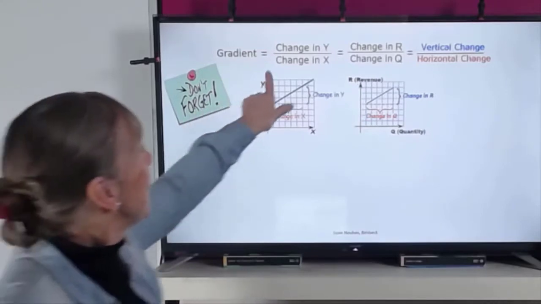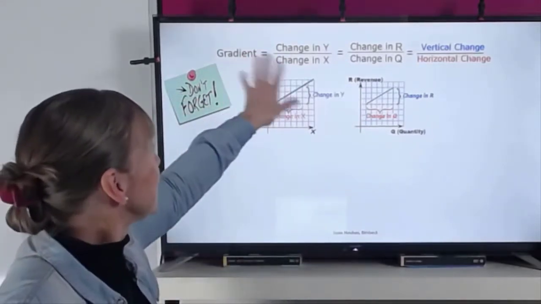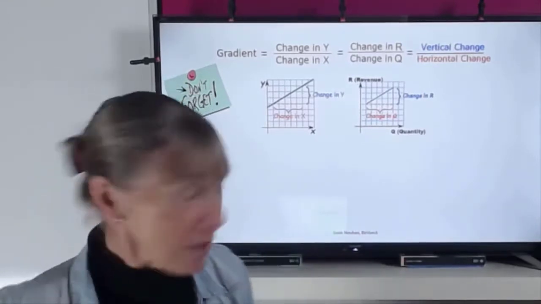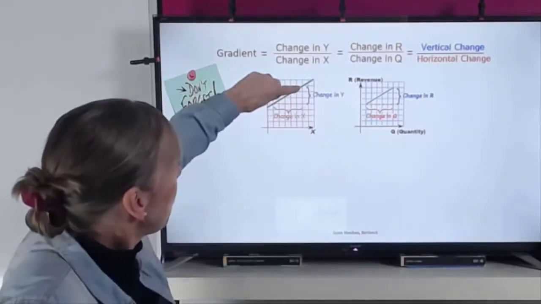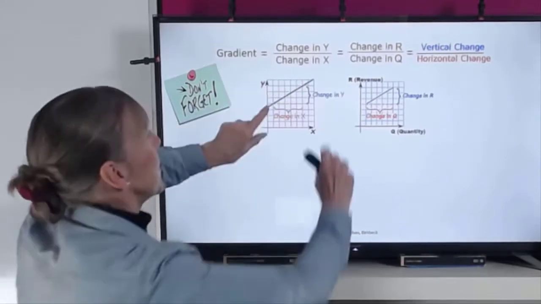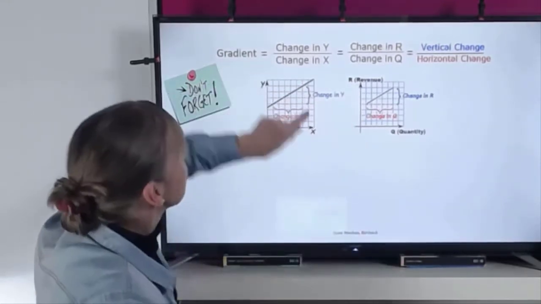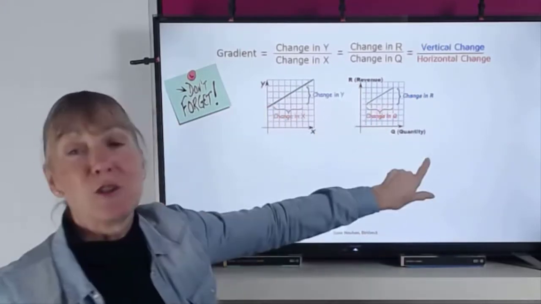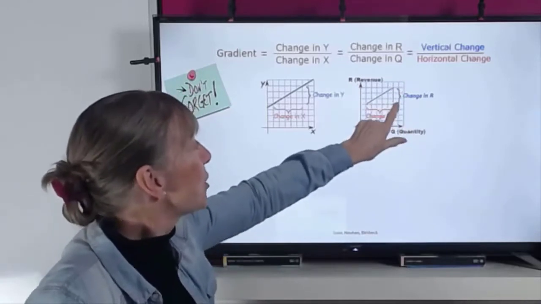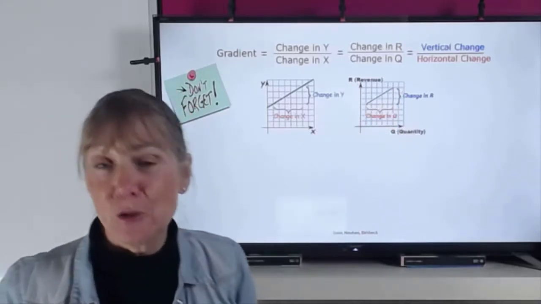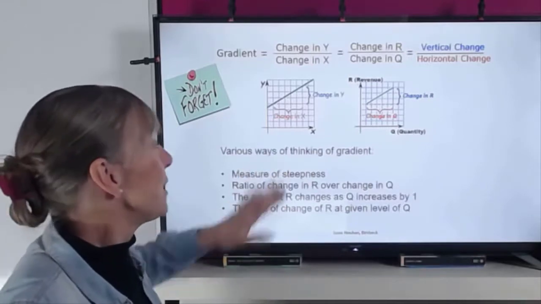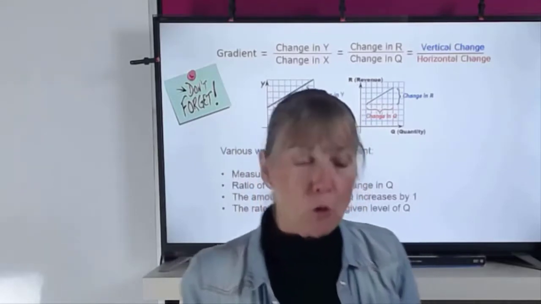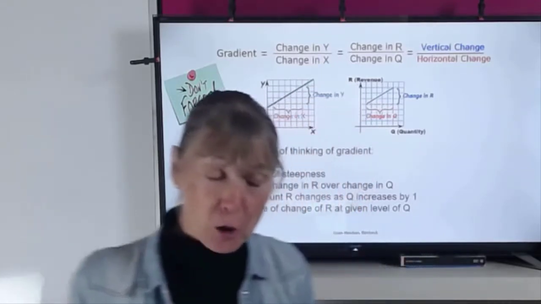A quick reminder, when we looked at linear functions, we learnt that gradient is a change in y over a change in x, so that's the case on any curve as well. So change in y, how much y increased between 2 points, divided by how much x increased. Or if it's revenue and quantity, how much R increased over how much Q increased. So there are various ways of thinking of gradient. We talked about it as a measure of steepness or slope. Economists often use slope instead of steepness.